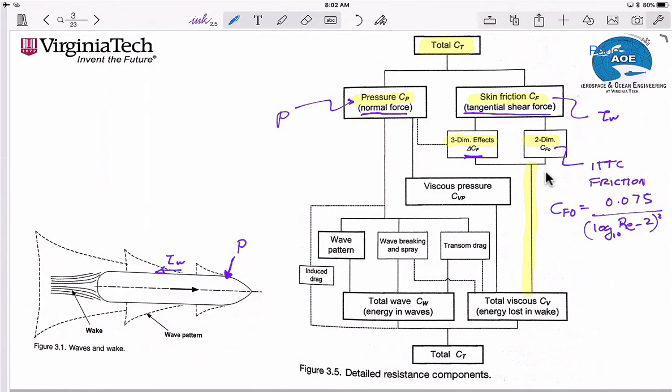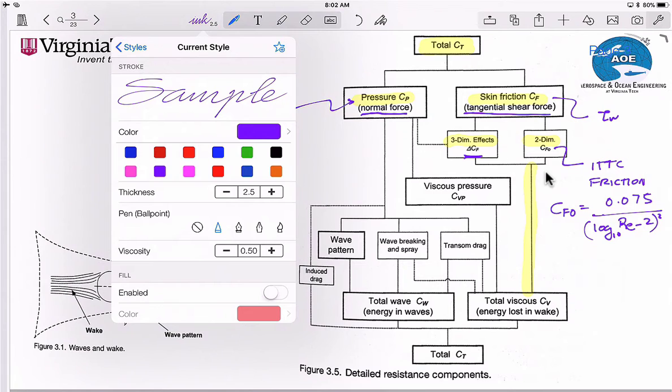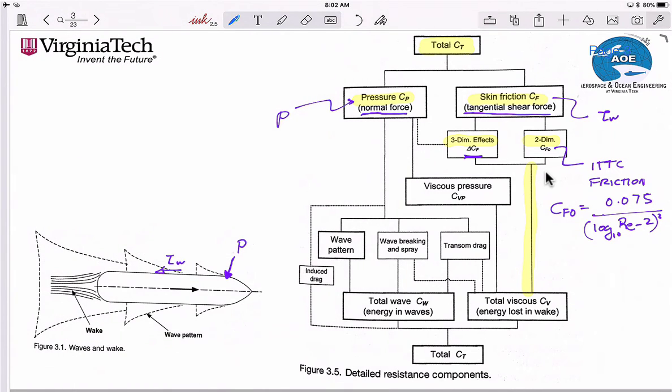However, there is a third part here called the viscous pressure drag, right here, C sub V sub P, and that feeds down into what sometimes is called the total viscous energy lost in the wake, C sub V. And you can see there's transom drag.